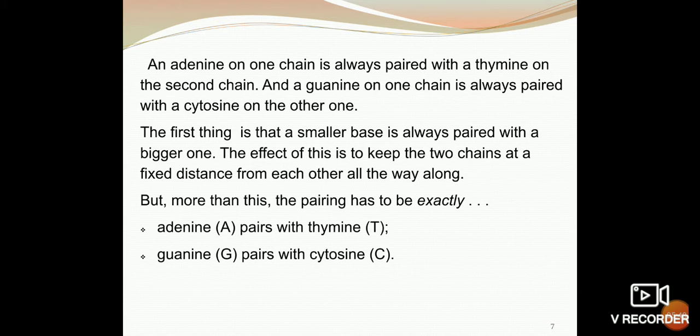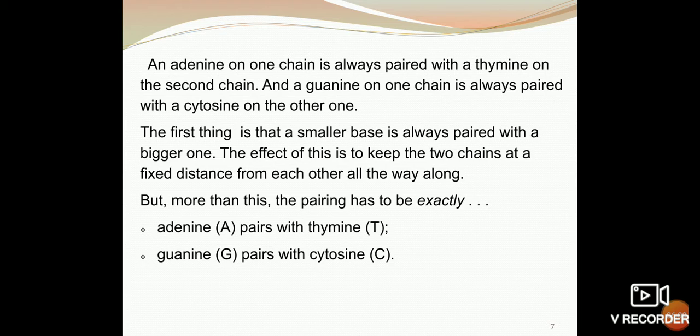An adenine on one chain is always paired with a thymine on the second chain, and a guanine on one chain is always paired with a cytosine on the other one. So we see there are 2 parallel chains running in opposite directions.